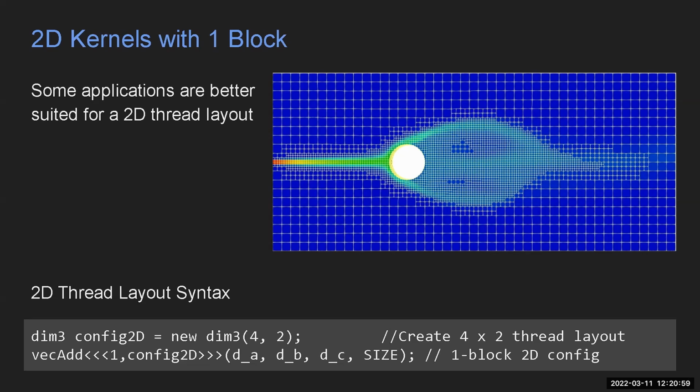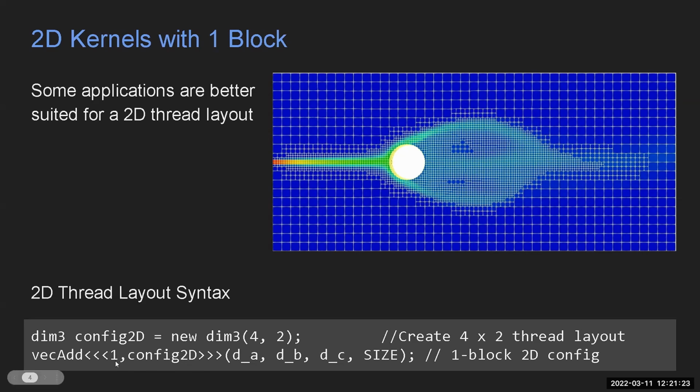Later on, we'll use the same constructor with 3 values to get a 3-dimensional kernel layout. So this says we want a layout that is 4 by 2, 4 in the x direction, 2 in the y direction. And then I plug this dim3 value into the vector addition kernel configuration.